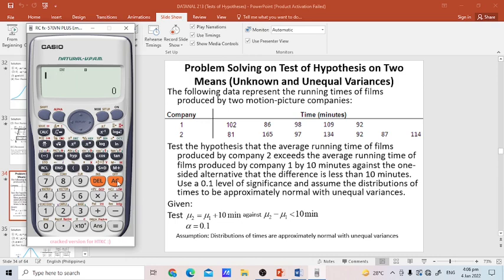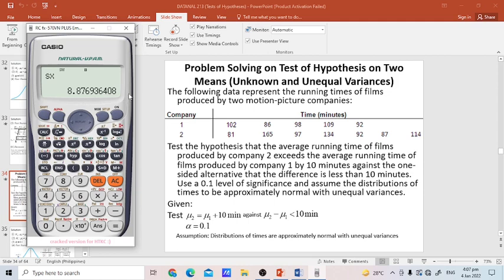Press AC, shift 1 again, then press 4 for the sample standard deviation, SX. Press 4, then it will give us an answer of 8.88 minutes.